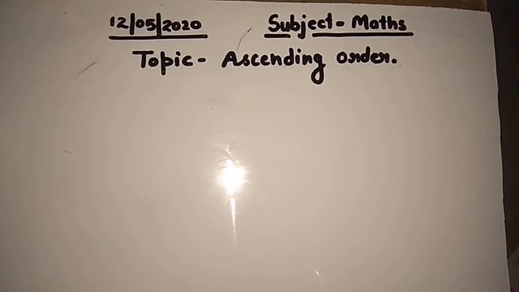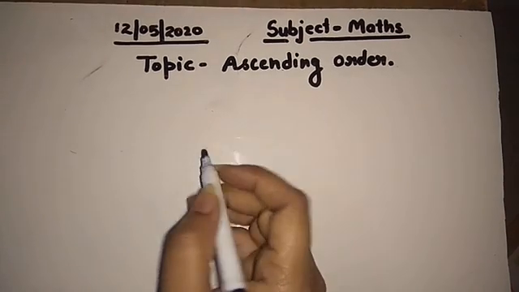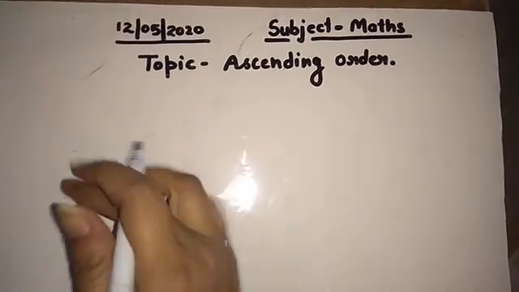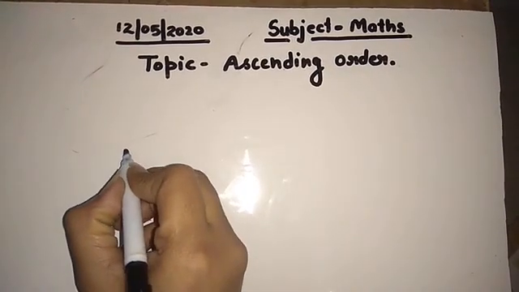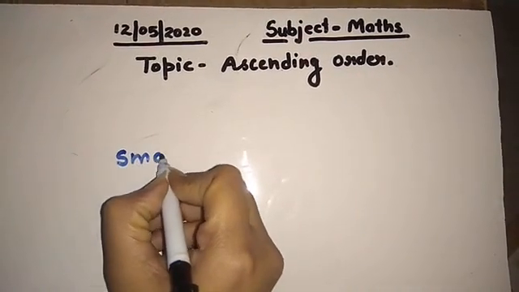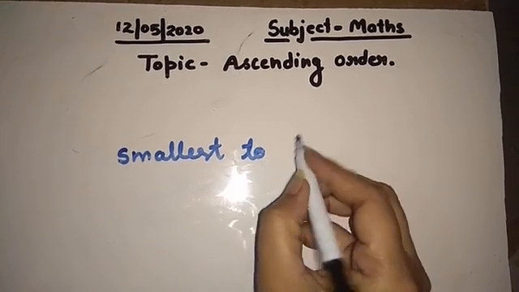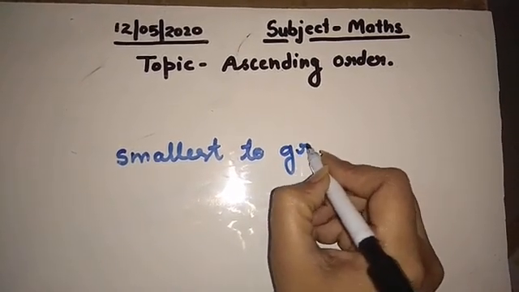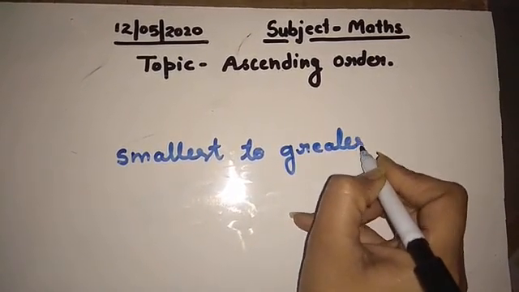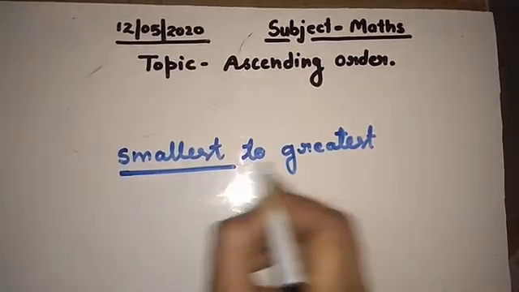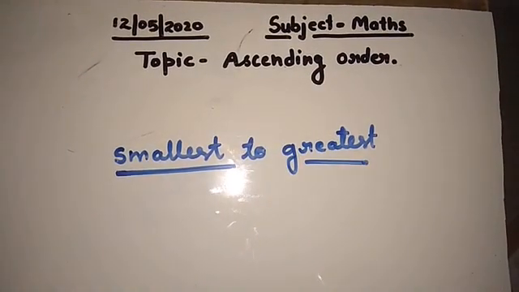When we write numbers from smallest to greatest, that order is called ascending order.